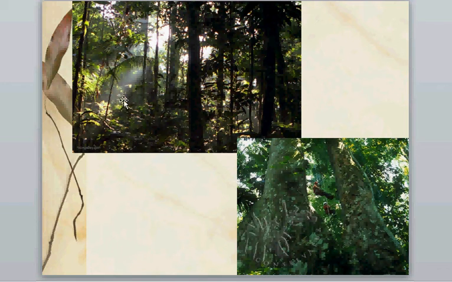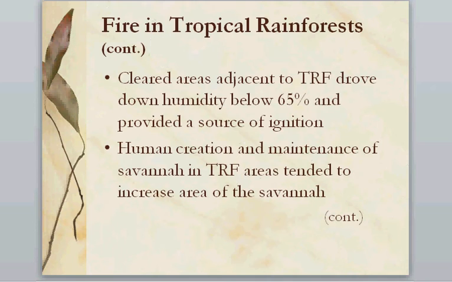Humans also increase fire in a tropical rainforest by providing a source of ignition. Okay? And when humans colonize an area of rainforest, quite often they will clear away the trees and plant crops, which will allow them to support a larger number of people. So people will open up the canopy either through selective logging or slash and burn agriculture.